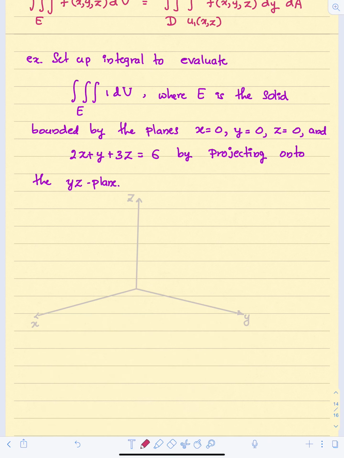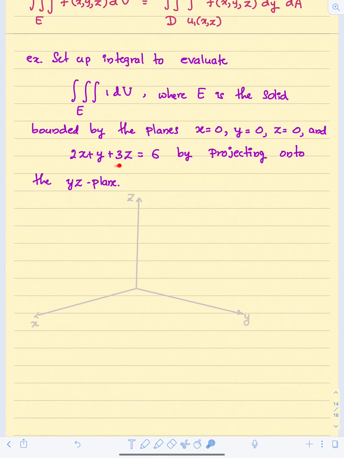To get x-intercepts, substitute y equals 0 and z equals 0. Then you have 2x equals 6, therefore x equals 3. So this is (3, 0, 0). To get the y-intercept, substitute x equals 0 and z equals 0.